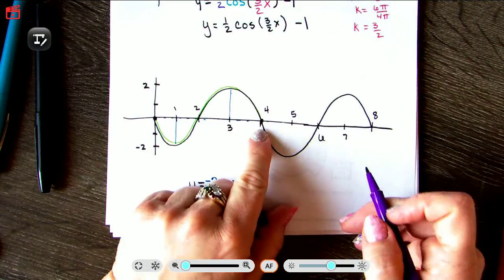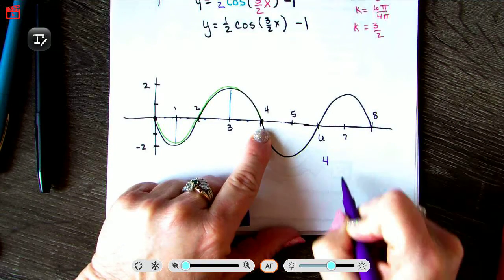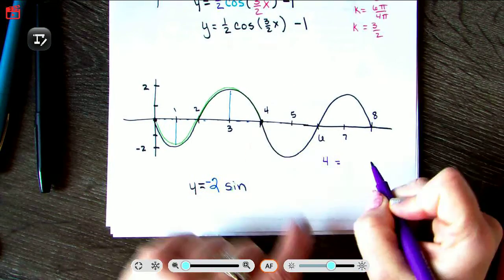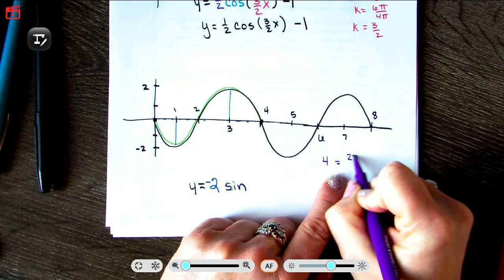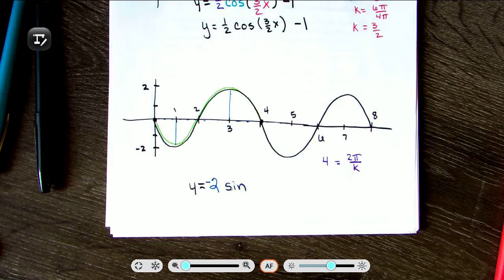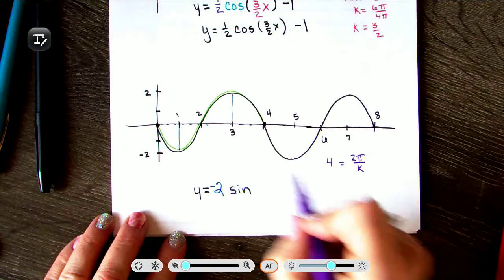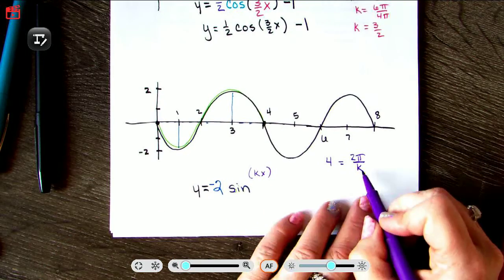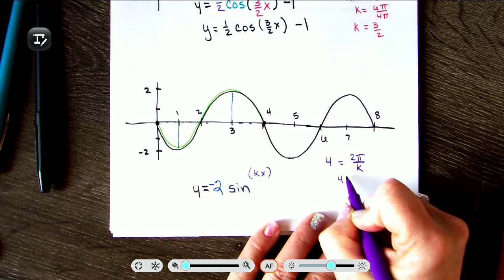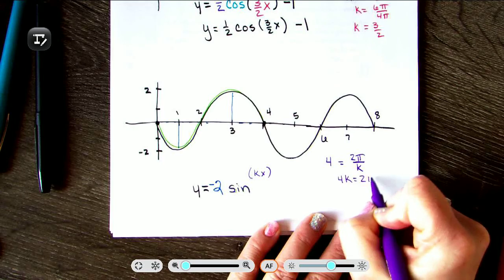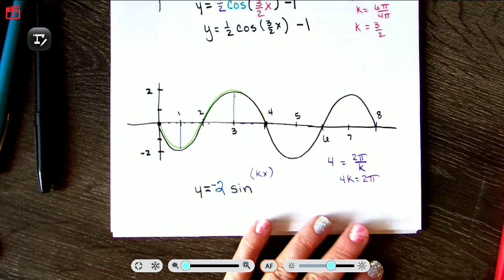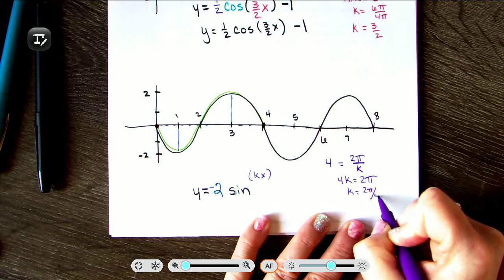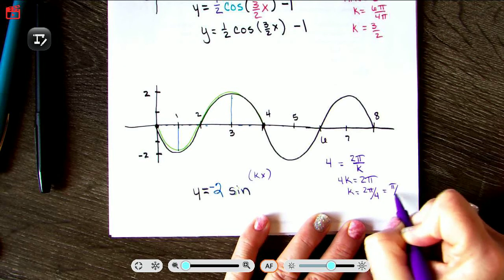Our new period was 4. So we went through one cycle in 4. Setting that equal to 2 pi over some k, we're looking for the k because this is like a kx in here. Multiplying both sides by k, or cross multiplying if you think of that as over 1, dividing by 4, we get pi over 2.